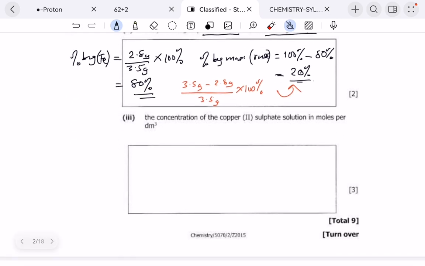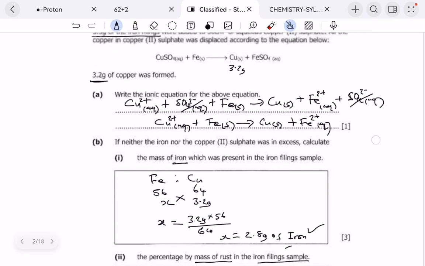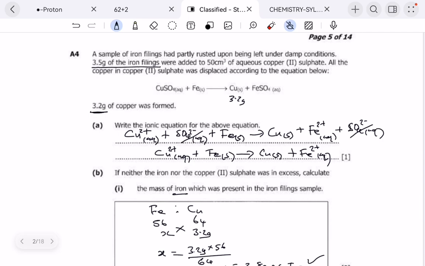Then the last question is asking me to find the concentration of copper 2 sulfate in moles per cubic decimeter. When we go back to the question, we realize that the iron was put in 50 cubic centimeters of aqueous copper 2 sulfate. How do we go about it?